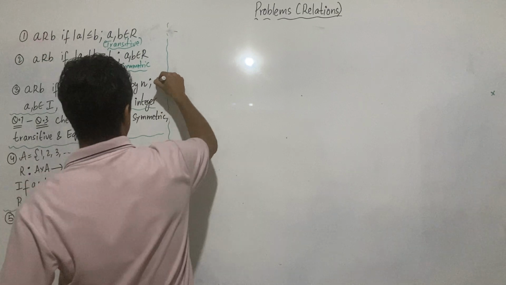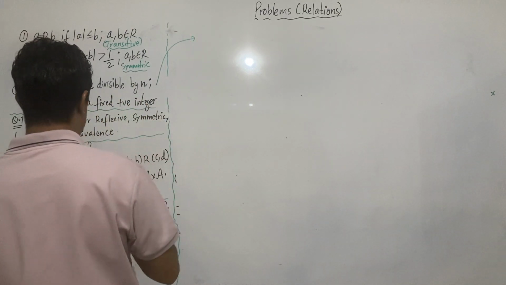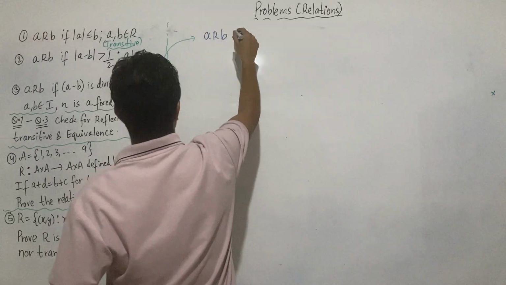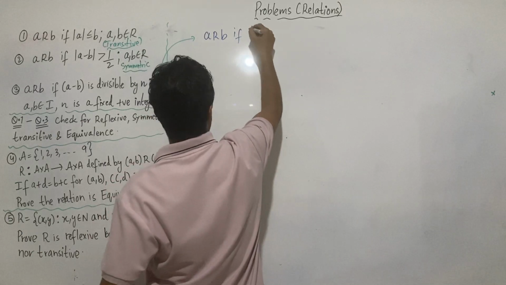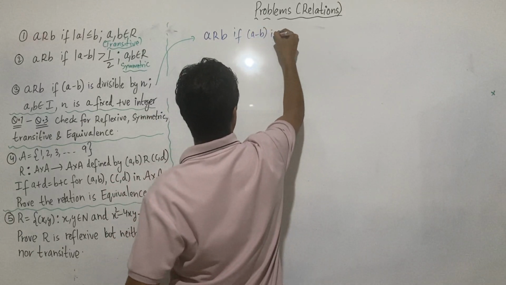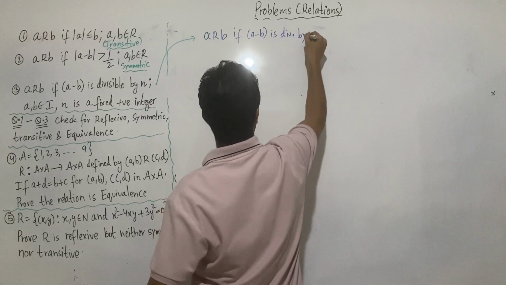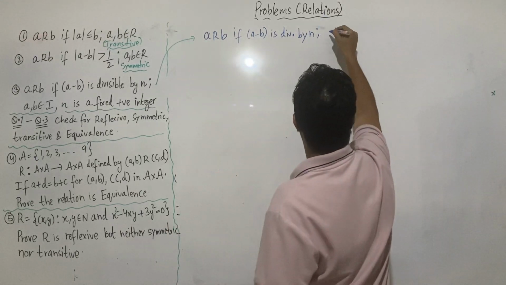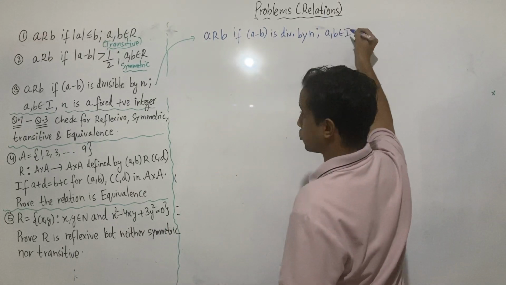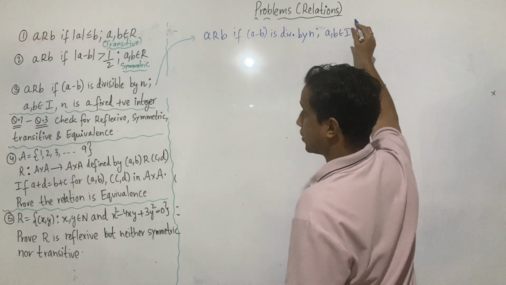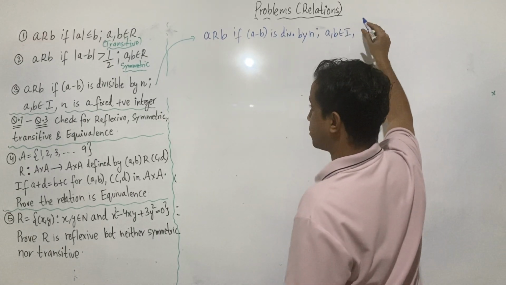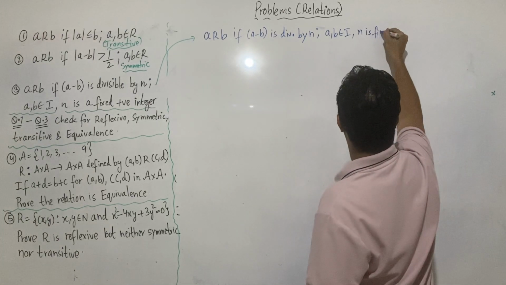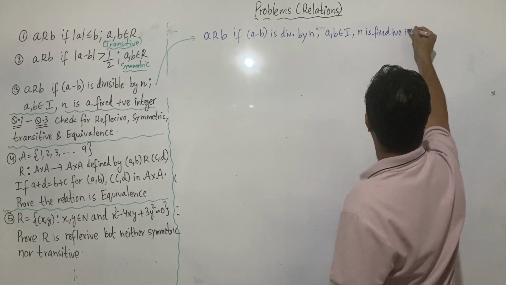Next, this says that A is related to B if A minus B is divisible by n, such that A, B belong to the integers and n is a fixed positive integer.